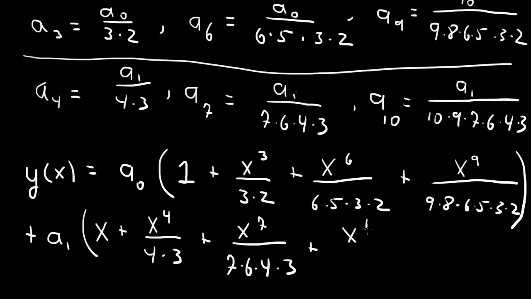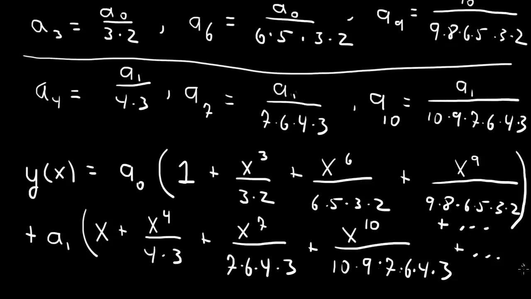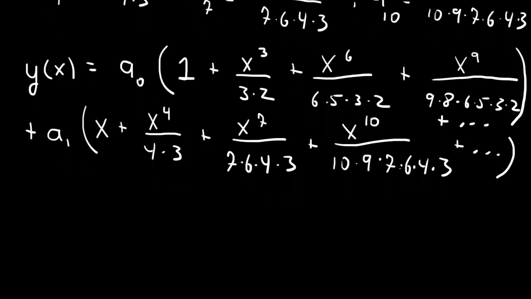And then x to the 10th over 10 times 9 times 7 times 6 times 4 times 3, plus more terms, just like in the first one. So the solution of the Airy equation by power series gives us two independent power series. One with a free constant a0, the second with a free constant a1, and these are the two infinite power series.